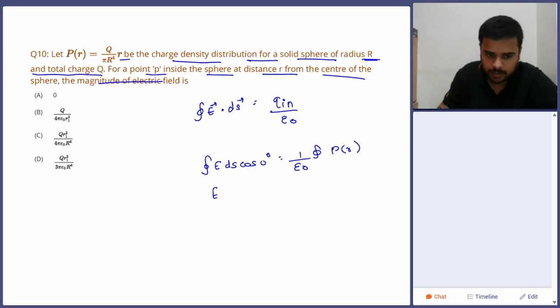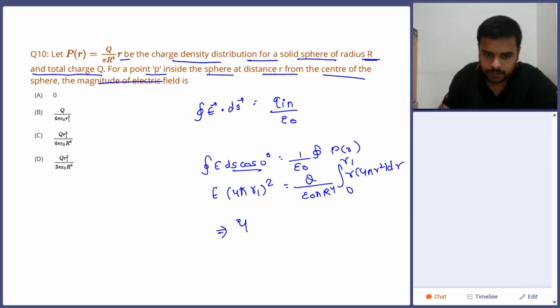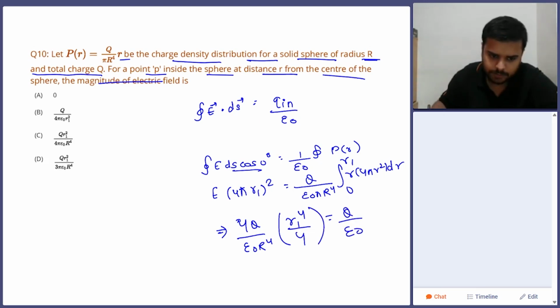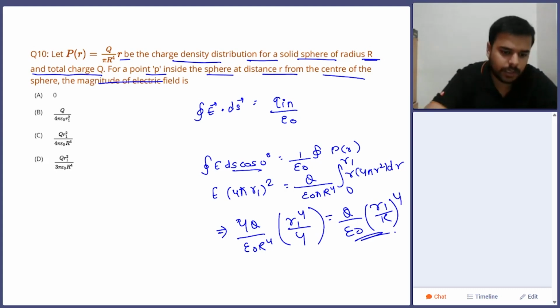So basically, E into 4 pi r square, which is the surface area of the sphere, is Q by epsilon naught pi R to the power 4, integral 0 to r of r into 4 pi r square dr. So if you solve it, you will get 4Q by epsilon naught R to the power 4, r to the power 4 by 4, is equal to Q by epsilon naught, r upon capital R to the power 4.